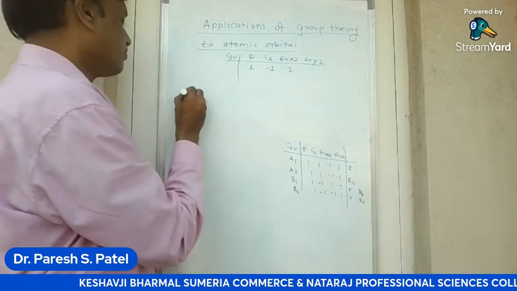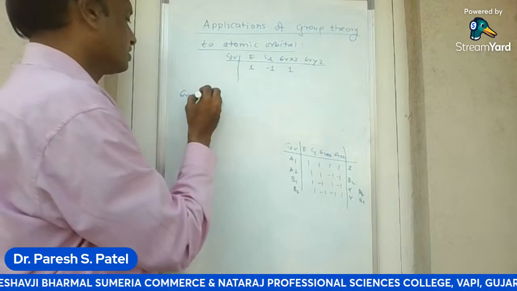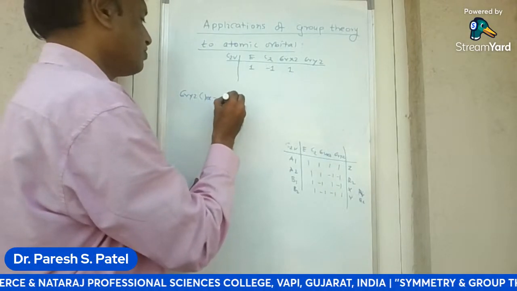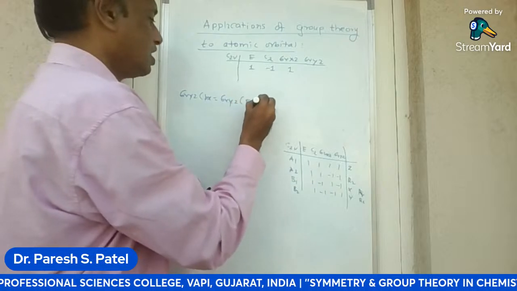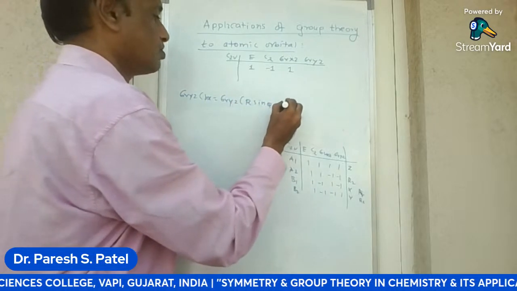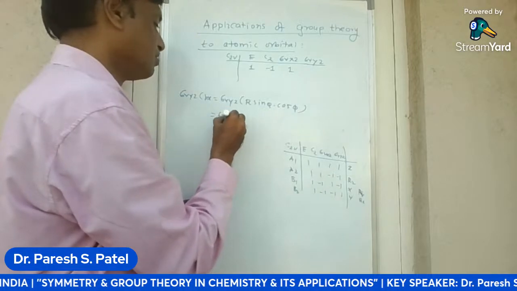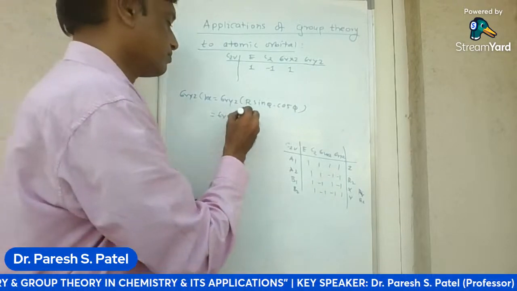Now sigma Vyz on Px is equal to sigma Vyz on R sin theta cos phi. Phi changes to phi plus pi because reflection is always at 180.